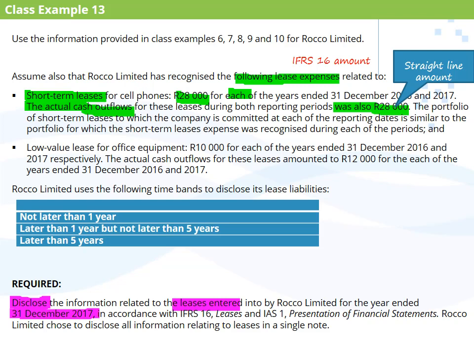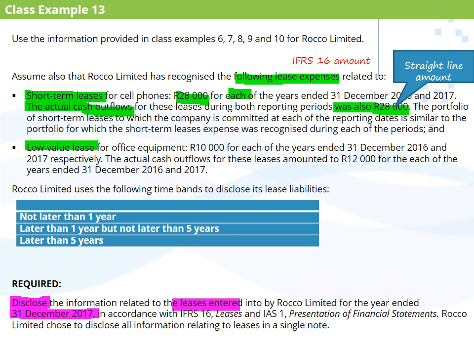The second lease expense they had related to leases of office equipment, which were considered to be low value assets. Again, what should you be thinking about? Yes, low value asset leases also qualify to be exempt from the general lease requirements of IFRS 16 for the lessee, and straight lining is applicable.